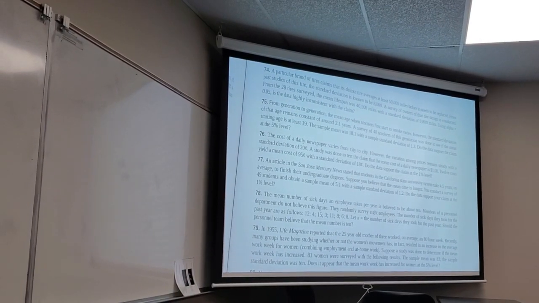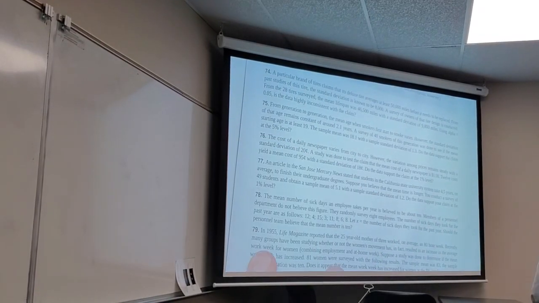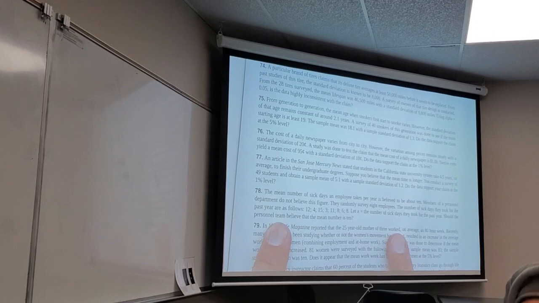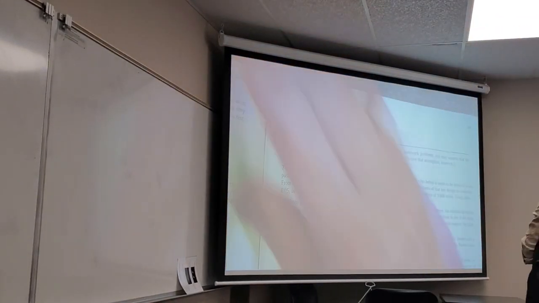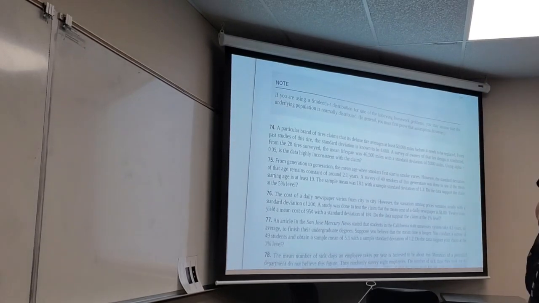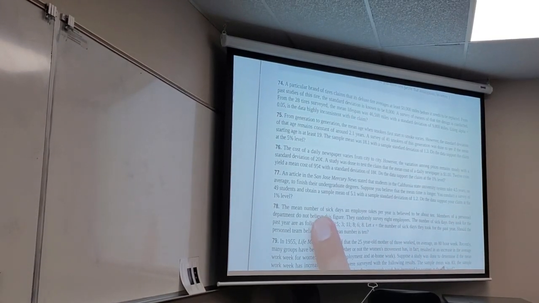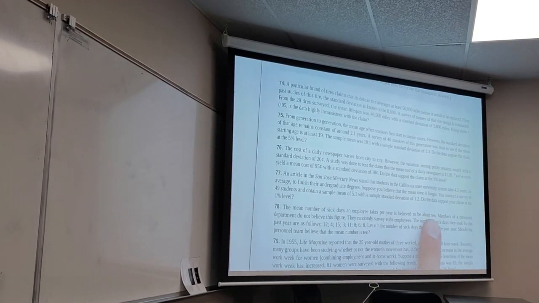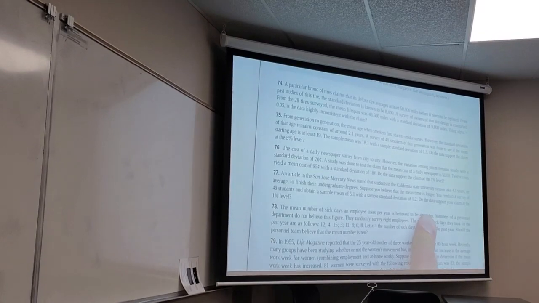If you have an actual question, but again, what's the claim being made? Not equal to 10. They don't believe it, so not equal to 10. It's a two-tail test.